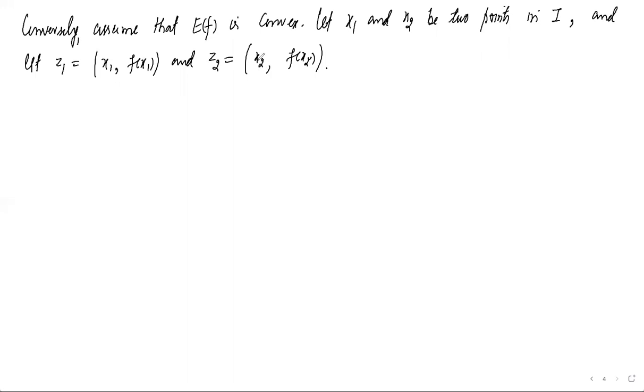Similarly, the image of x2 under f is f of x2, which is equal to the second coordinate of the point z2. So again, z2 belongs to E of f. So clearly, by definition, both z1 and z2 are points of E of f.